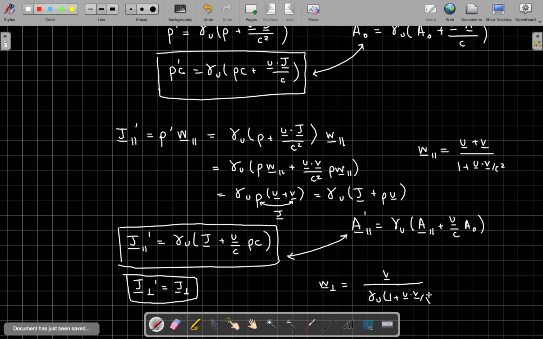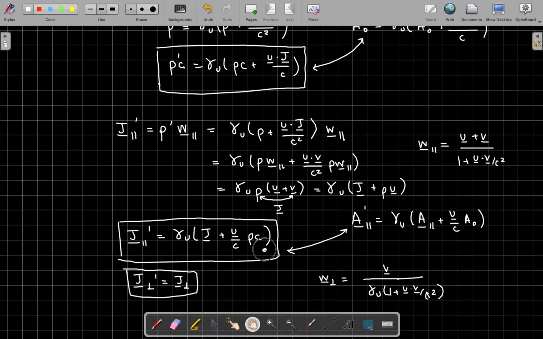If you use that, you will find the correct result. Okay, so we found that the current density is indeed a 4-vector.